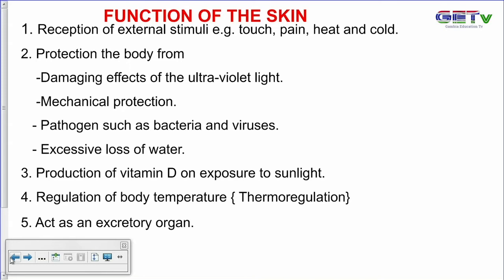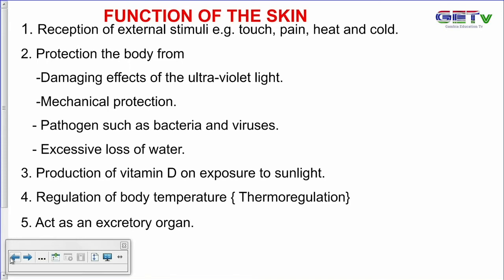So also we talk about this: the skin protects the body also from what? Mechanical injury. For instance, if somebody wants to stab you or to burn you, the first place of contact is the skin. So the skin serves as a protective substance. And also the skin protects our bodies from the invasion of what?